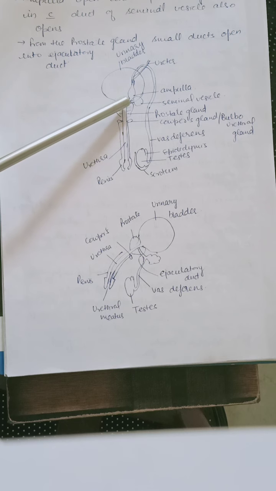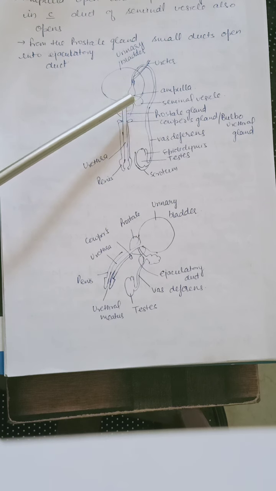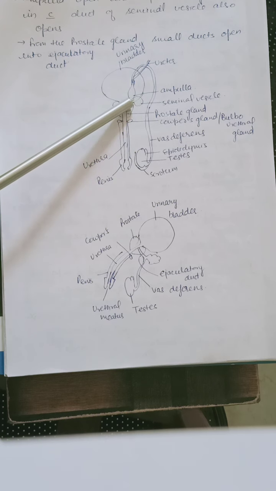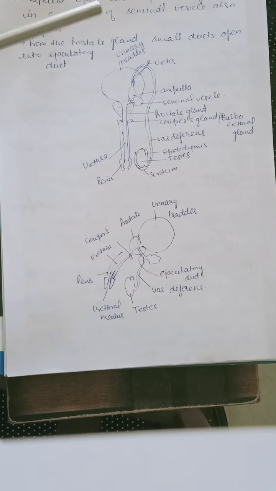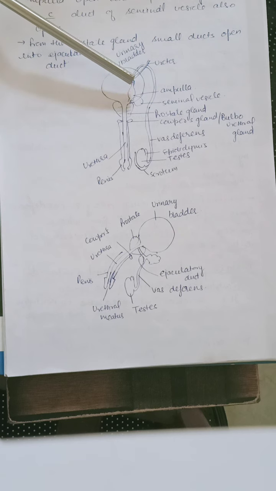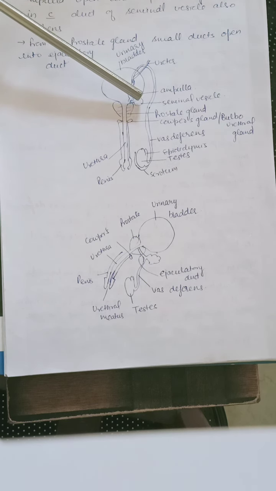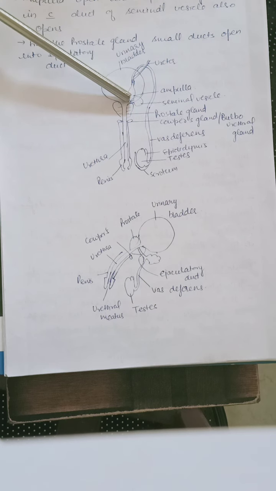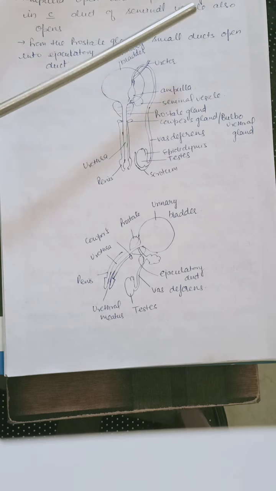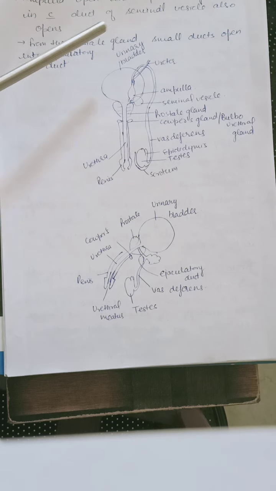This ampulla opens into the ejaculatory duct, in which the duct of the seminal vesicle also merges. So ampulla opens into the ejaculatory duct, in which the duct of seminal vesicle also opens.